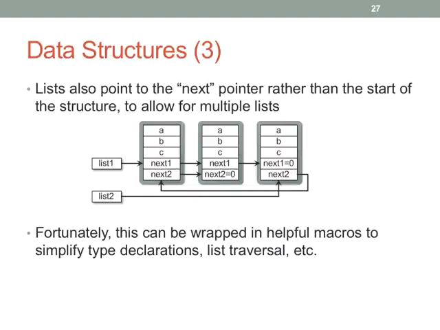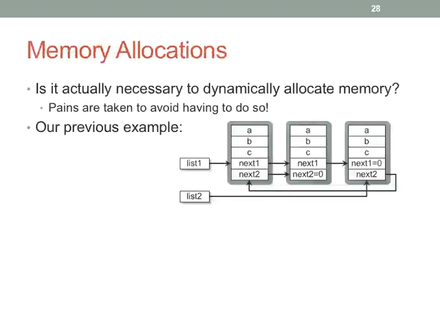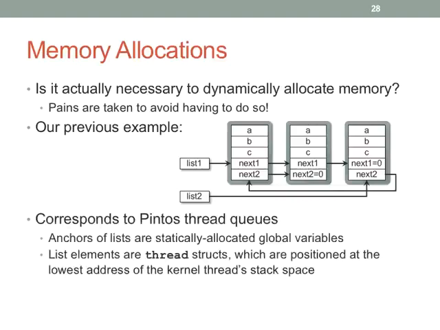But thankfully, we can actually wrap it in macros so that all of this stuff is simplified. Now, another question, of course, is do we actually need to dynamically allocate memory? So we had this example, and you may or may not recognize that this actually corresponds to the thread data structure and how it's managed in the threads.c.